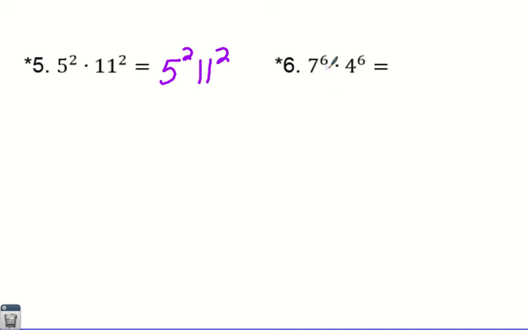Number 6, is it the same situation? Yeah, because the base 7 and the base 4 don't match. So you can't add the powers. What might be extra confusing is that the powers match in both of these problems, but who cares?